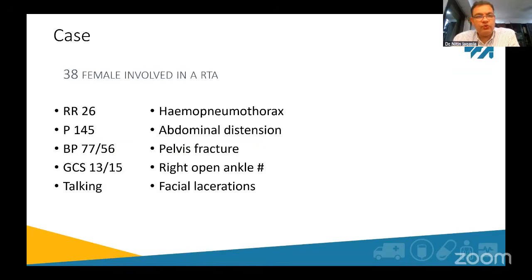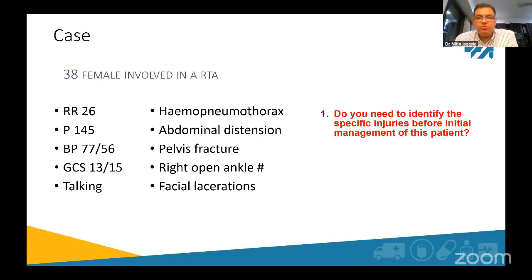So to get us all focused, let's imagine we're in the emergency department and we have a 38-year-old female who's been involved in a road traffic accident. As you can see, tachycardic, tachypneic, low blood pressure, but she's talking. So two things that we need to focus on.